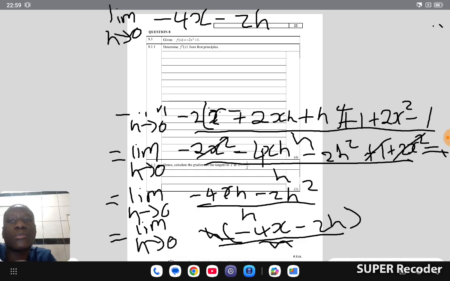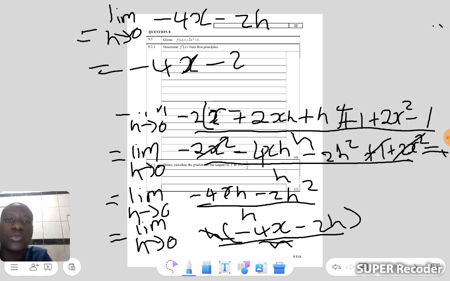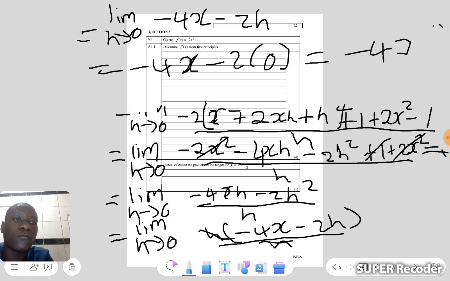The limit as h approaches 0 simply means that you have to substitute h with 0. When we substitute, you no longer include the limit. Negative 2 times 0, which leaves negative 4x. So that's our first principle. That's how you get those 4 marks.